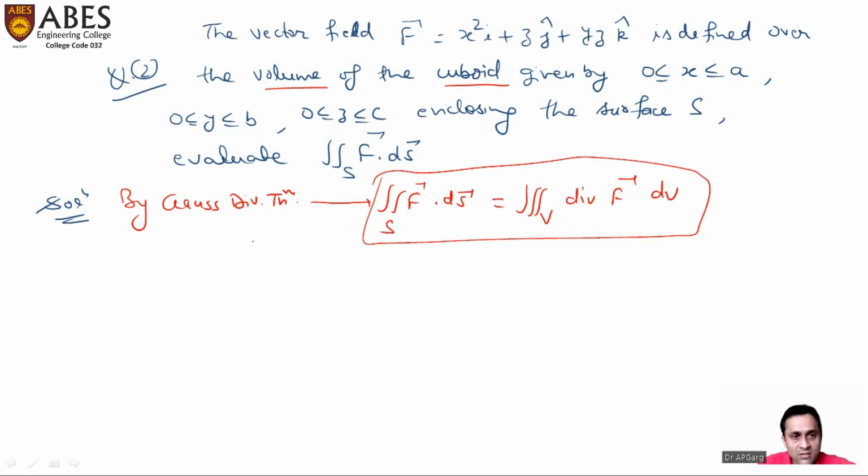So again, by Gauss divergence theorem, we have the statement: double integral f dot dS equals triple integral of divergence of f dV. So let us put the result.